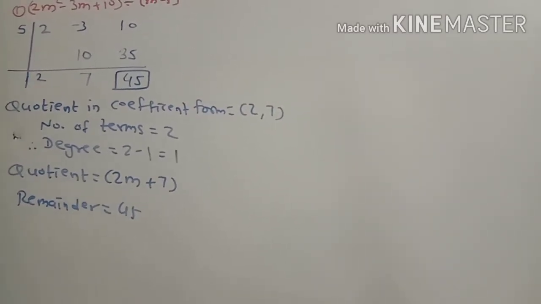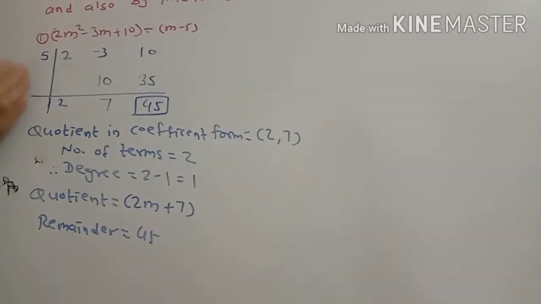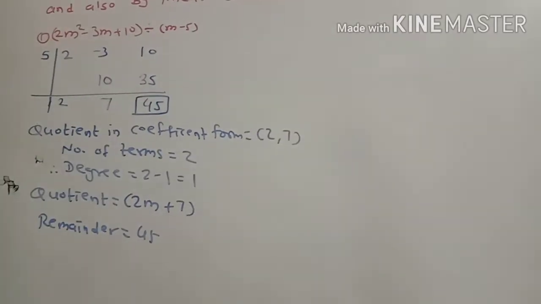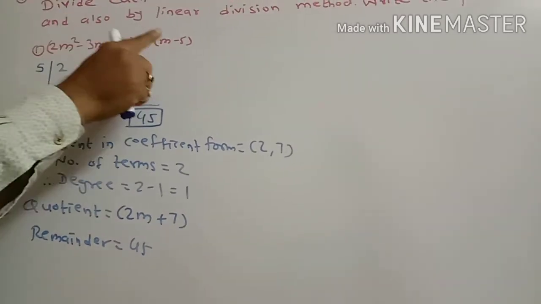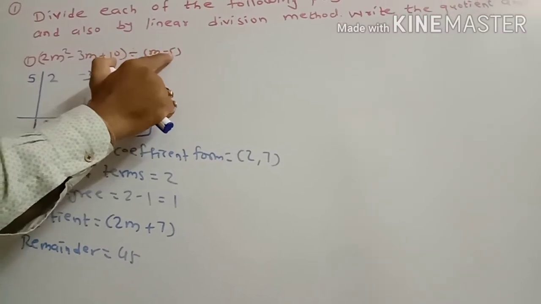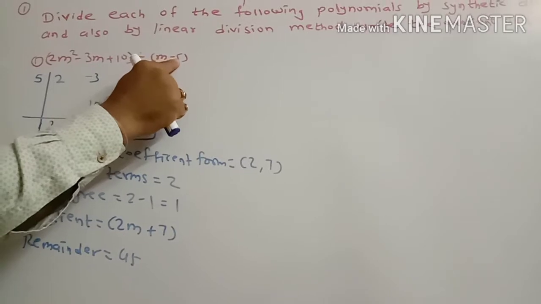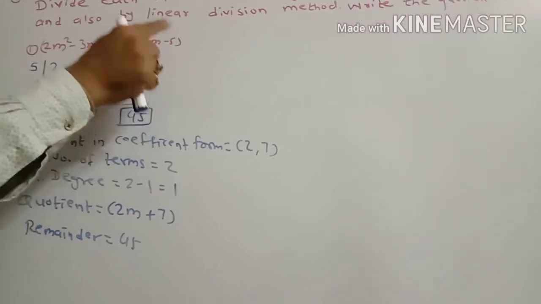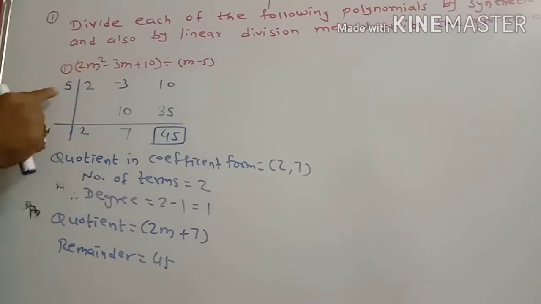How do we solve this by the synthetic division method? Firstly, draw a vertical line and a horizontal line. Then in the first row, to the left of the vertical line, write the opposite of the constant term of the divisor. Here the divisor is m minus 5, and the opposite of minus 5 is plus 5, so we write this plus 5 to the left of the vertical line.